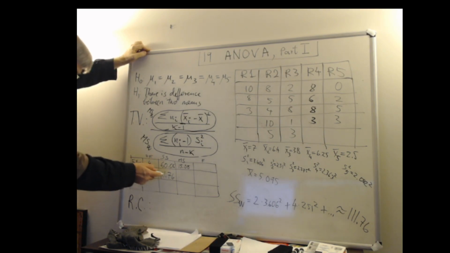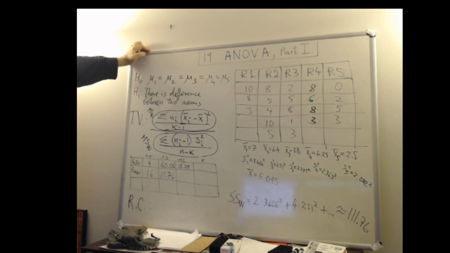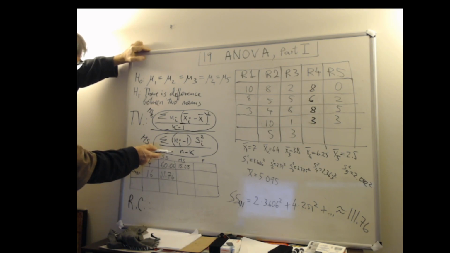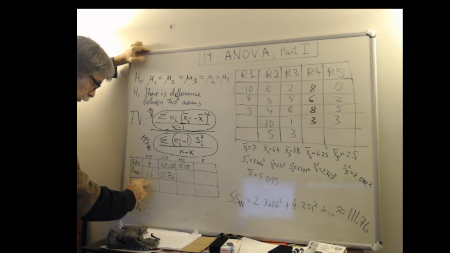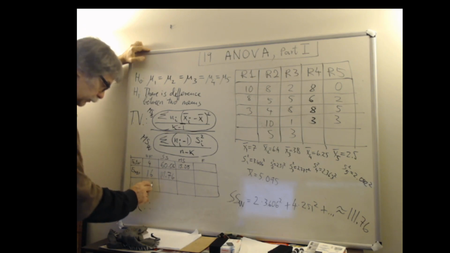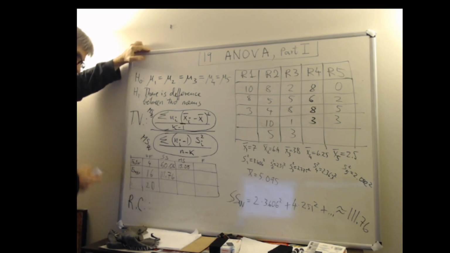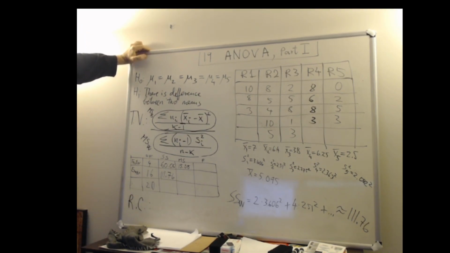Now you divide this by the pooled number of degrees of freedom, which is 16. I could have written the total here, excuse me, 20, but I don't really need that. So plugging this in, that's my mean square within the groups, sometimes called variability within the groups. You have to remember that because you might have that in homework.